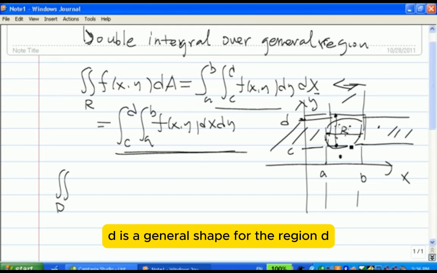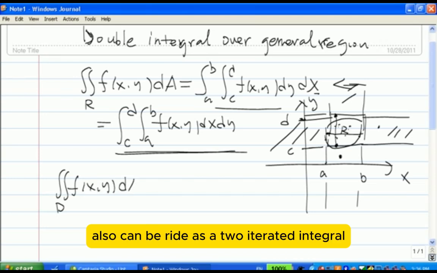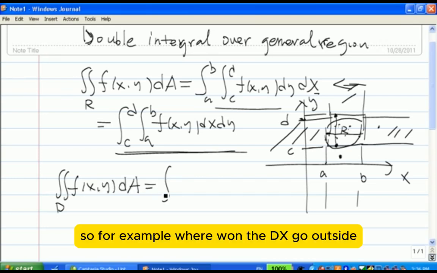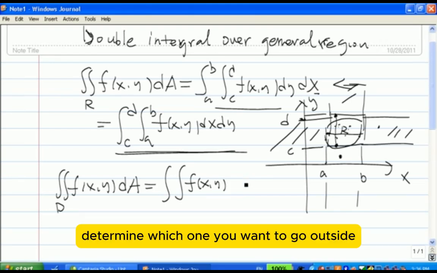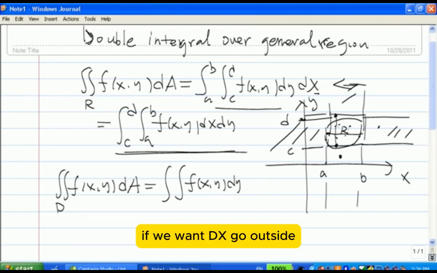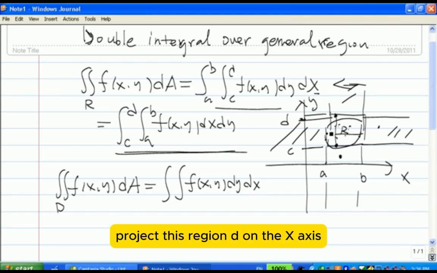For the region D, this double integral can also be written as two iterated integrals. For example, we want dx to go outside. Always first determine which one you want to go outside. If we want dx outside, the first thing to do is project region D onto the x-axis.